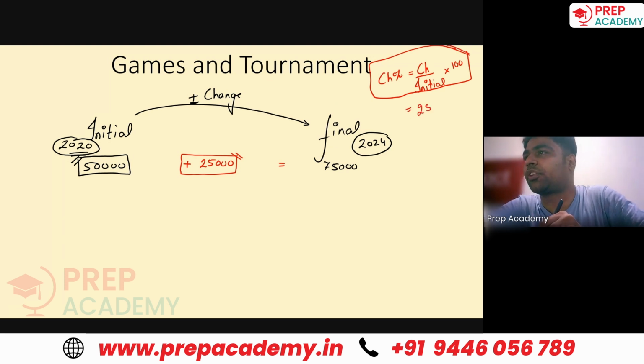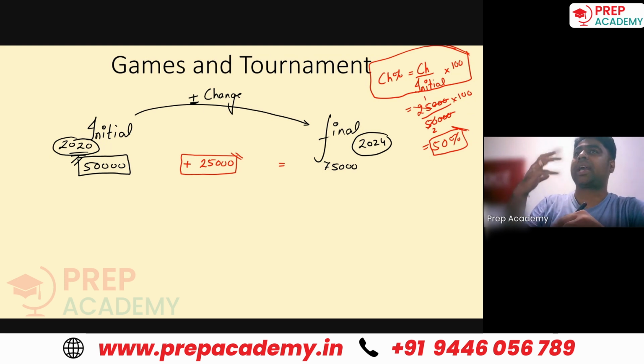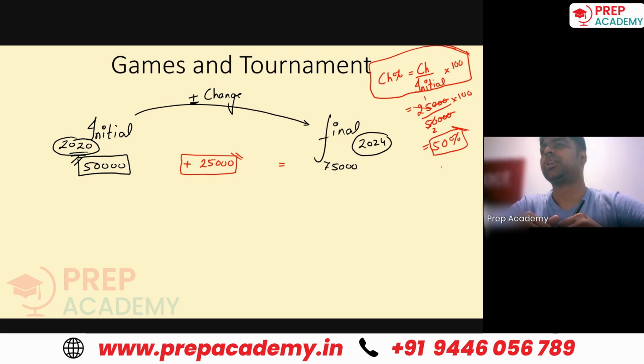The change is 25,000 when the initial value was 50,000. So an overall percentage change of 50% happened. Is it clear? So I gained half of my investment as a change. 50% means half, right? So I gained 50 percent out of the investment I made in the hands of Henna. Is it clear?